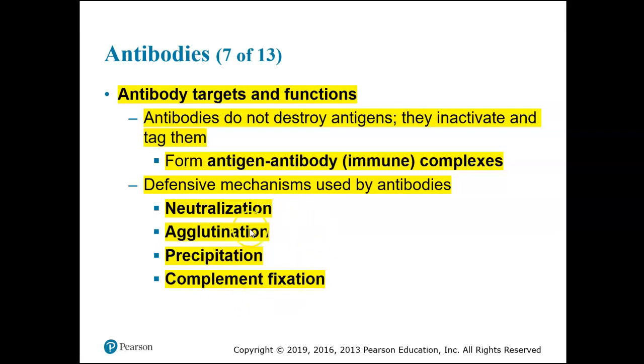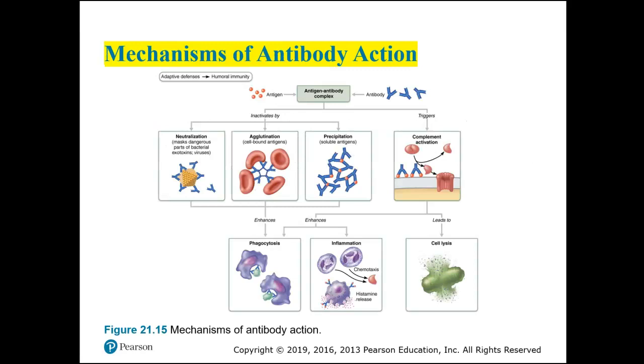The four ways that antibodies can defend against antigens are neutralization, agglutination, which we've seen with the wrong blood type being transfused, precipitation, and complement fixation. I'm just going to show you a little illustration here.